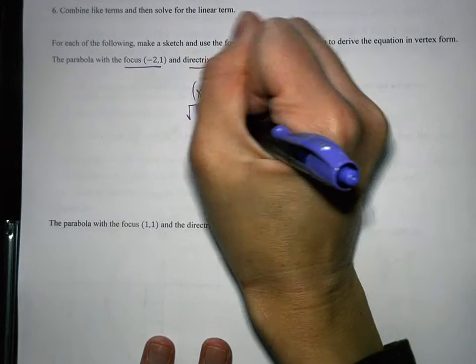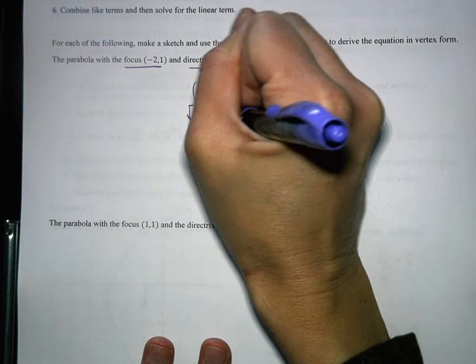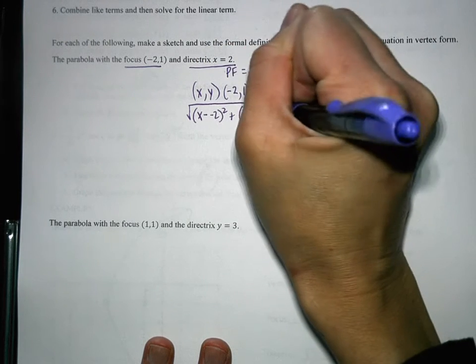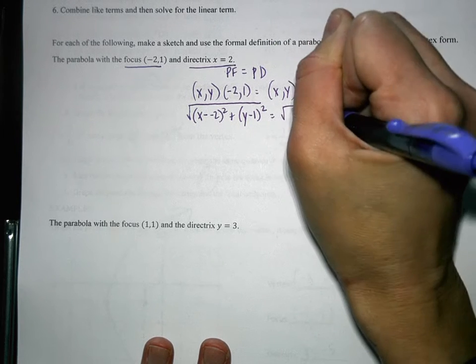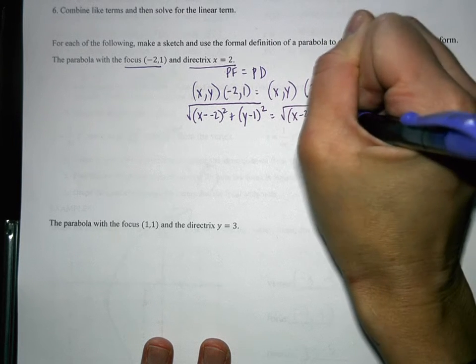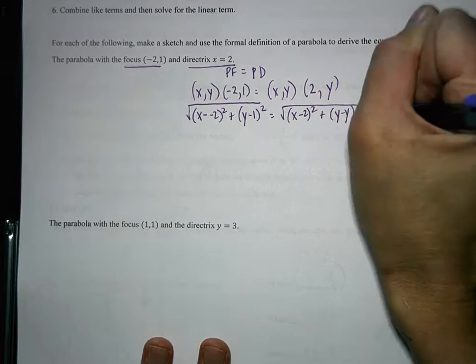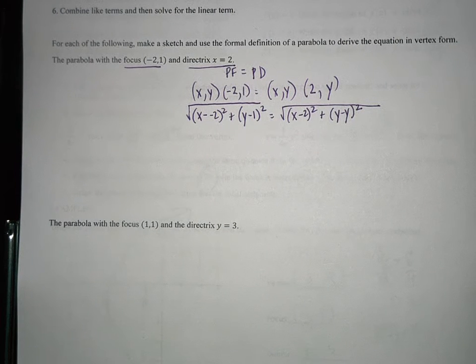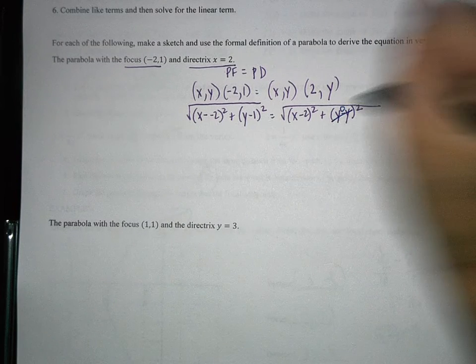We are going to plug this into our definition using our distance formula. So I have the square root of (x minus -2) squared plus (y minus 1) squared equals the square root of (x minus 2) squared plus (y minus y) squared. Just to save a little bit of time, we know that y minus y ends up being 0, so that cancels out.